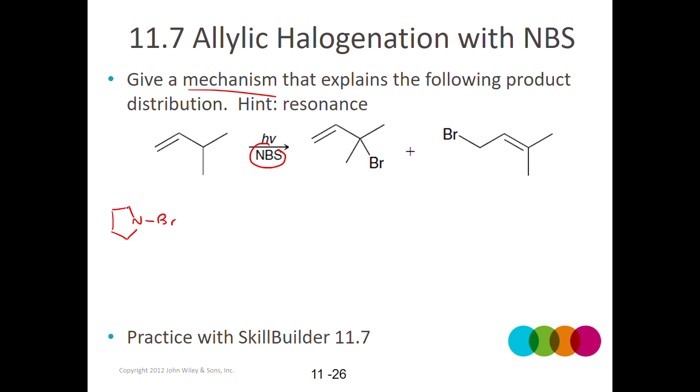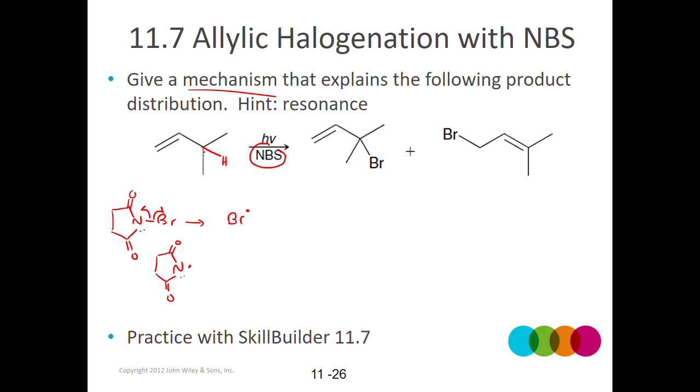And the light would have to be used with a certain frequency or energy that has enough energy to break this sigma bond to produce a bromine radical and a nitrogen radical there, a succinimide radical.